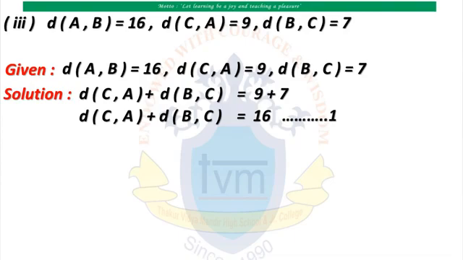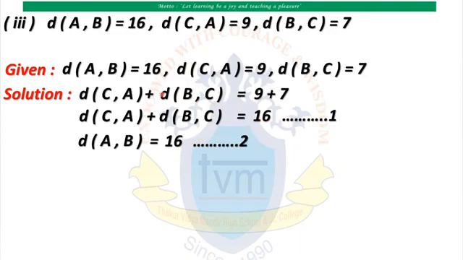Now we'll compare the sum of these two smaller distances with the greater one, that is 16. So distance AB is 16. We'll take this step as equation 2. Now here we'll compare equations 1 and 2. You can see the right hand side of equation 1 is 16 and the right hand side of equation 2 is also 16. It means the right hand sides of both equations are equal.